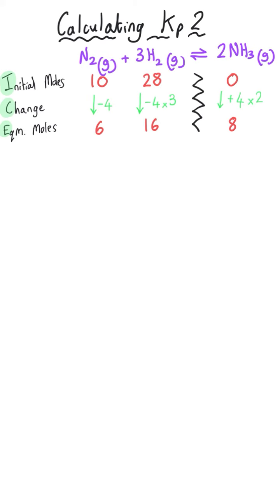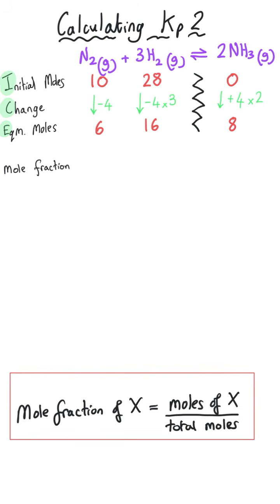This is standard for any equilibrium constant calculation, but specific for Kp now, we need to work out the mole fraction of each of our equilibrium chemicals. And to do this, it is the moles at equilibrium of each chemical divided by the total moles. So we need to work out the total moles. 6 add 16 add 8, which is 30.